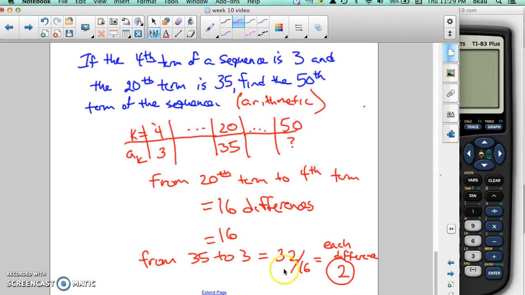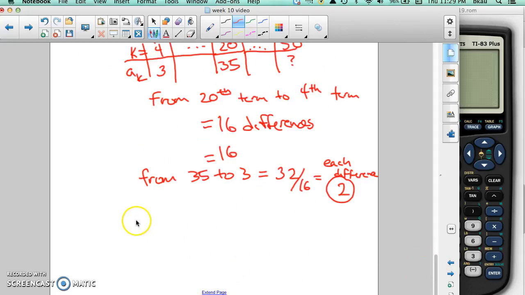So that's going to be my d value in this formula. So I'm going to have a sub n equals a sub 1 plus n minus 1 times 2.